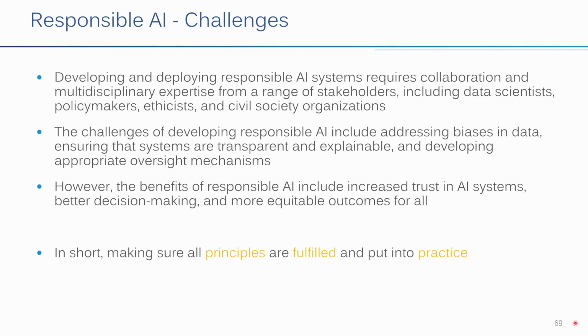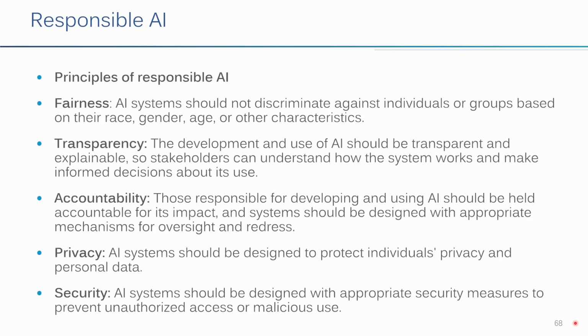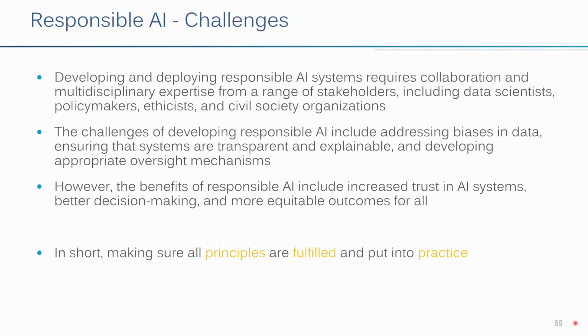However, in order to put all this principle of responsible AI, it comes also with some challenges. Developing and deploying responsible AI systems requires collaboration and multidisciplinary expertise from a range of stakeholders, not only technical, but also including data scientists, policymaker, ethical teams, civil society organization, government, and everything.